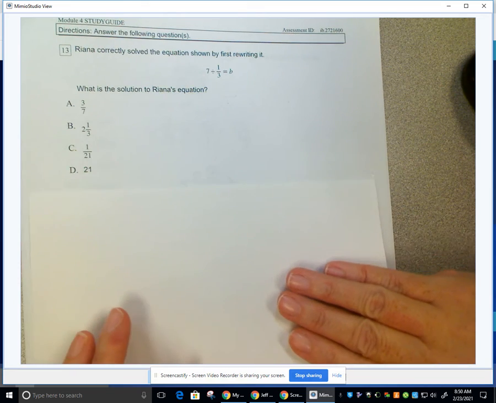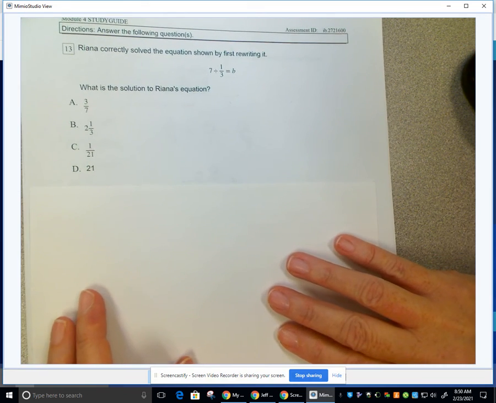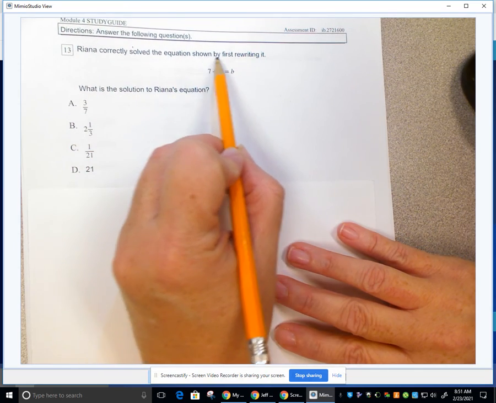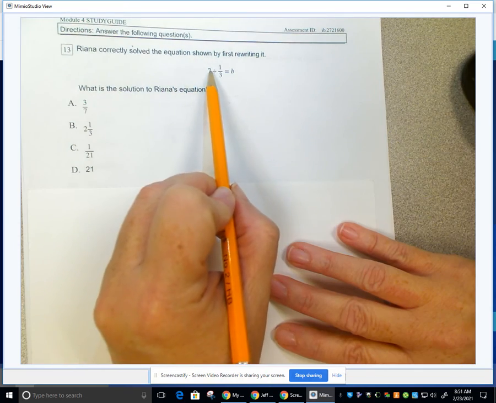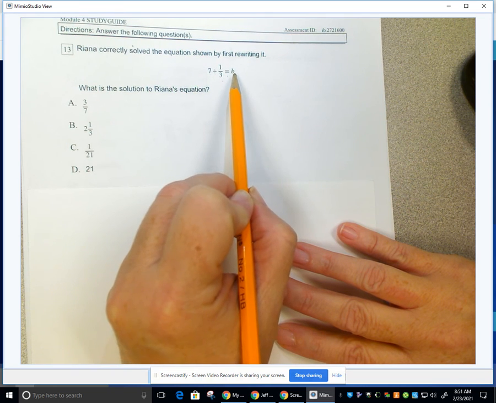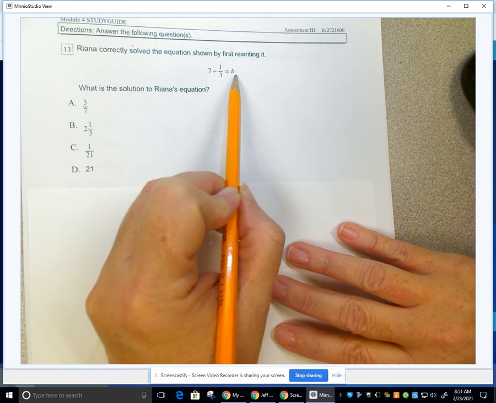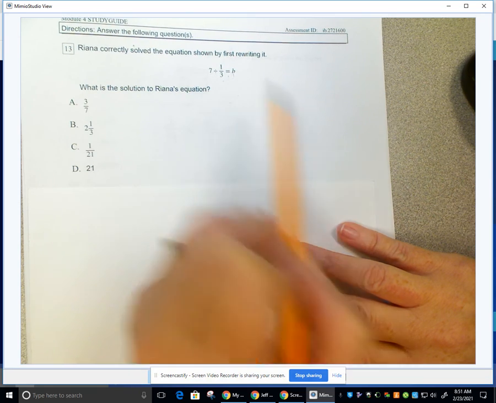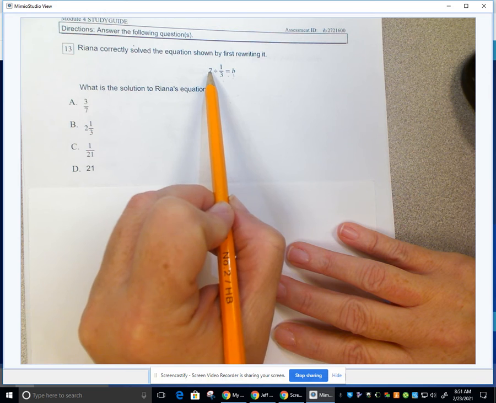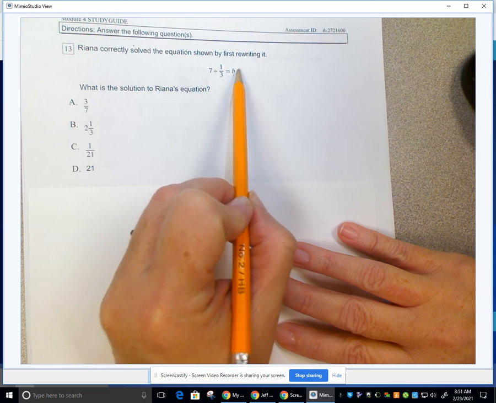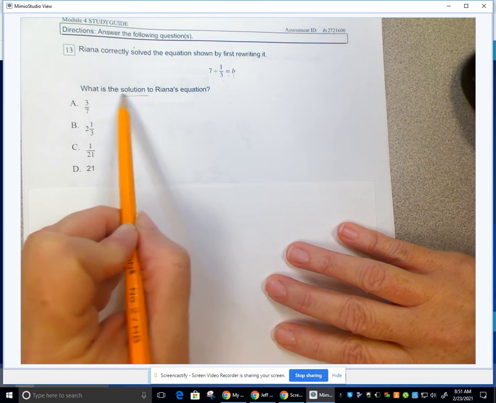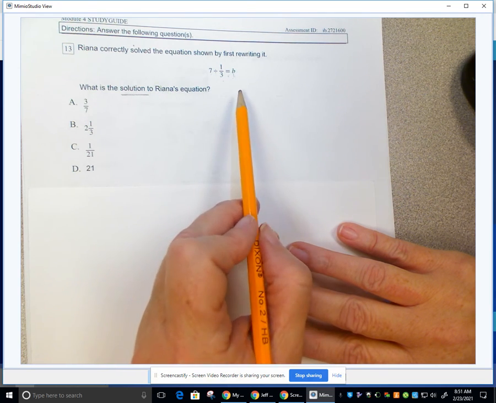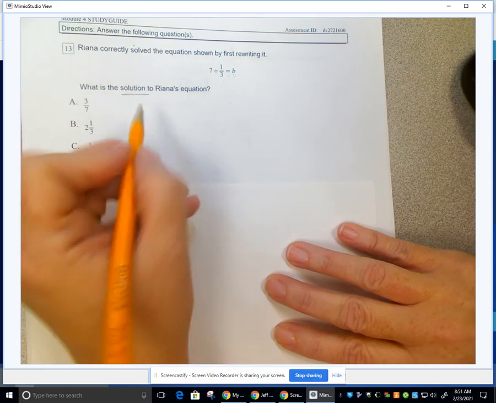Okay, almost done. Rihanna correctly solved the equation shown by first rewriting it. 7 divided by 1/3 equals B. B just means the answer. They could have put X, Y, T, R, S. It doesn't matter. 7 divided by 1/3 equals some answer. What is the solution to Rihanna's equation? What would B equal? So basically, we're just going to solve this.